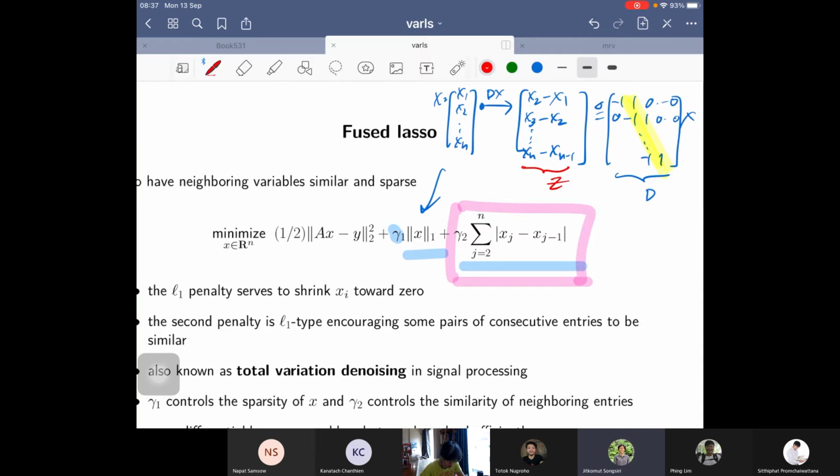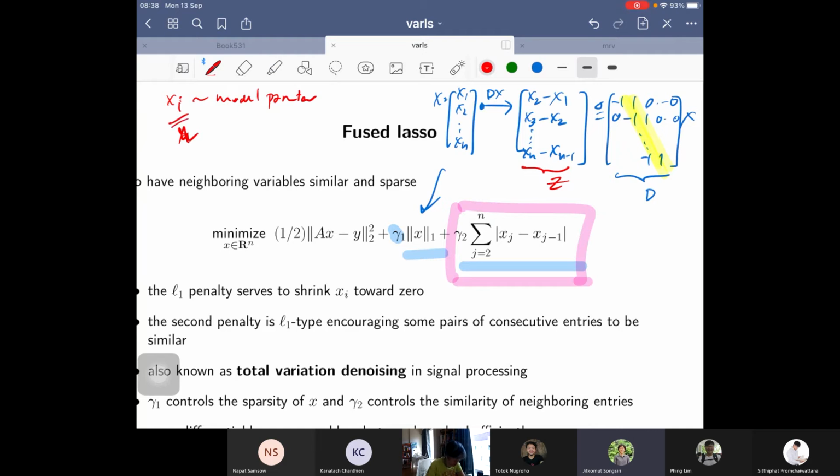Suppose x represents your model parameter. Sometimes you can use a time varying model. If you have a time varying model, it means that the coefficients of the model can vary with time.